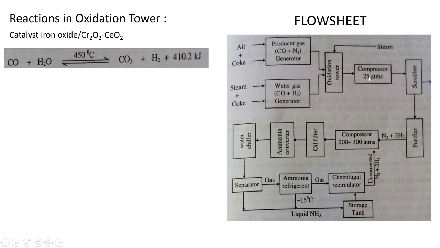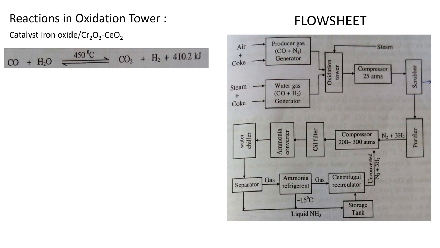And the unwanted gases, that is here carbon dioxide and carbon monoxide, are the unwanted gases here. And for the reaction we want hydrogen and nitrogen, both are desired product. But what to do with this carbon dioxide and carbon monoxide?